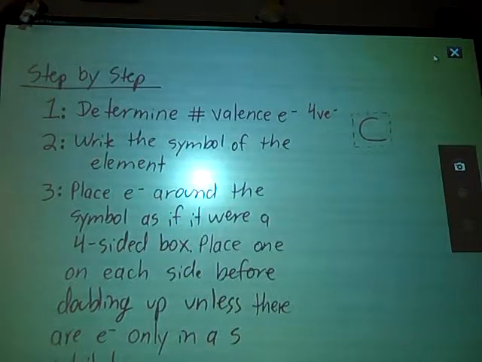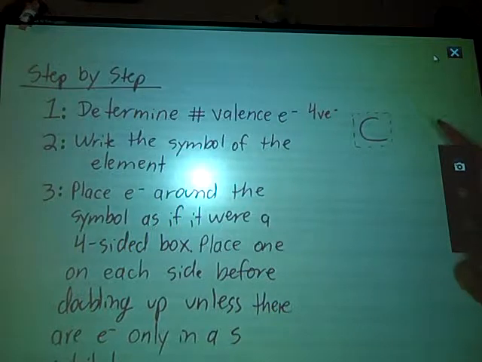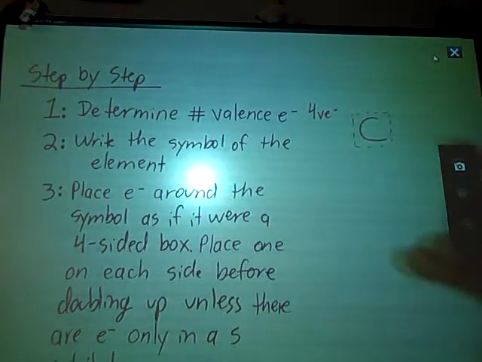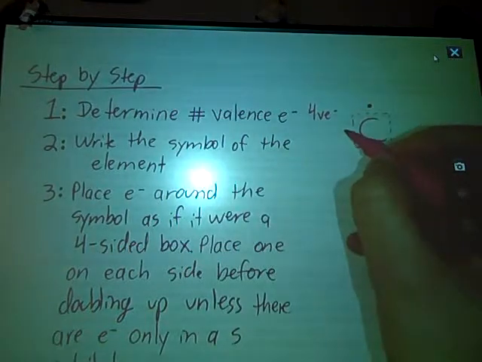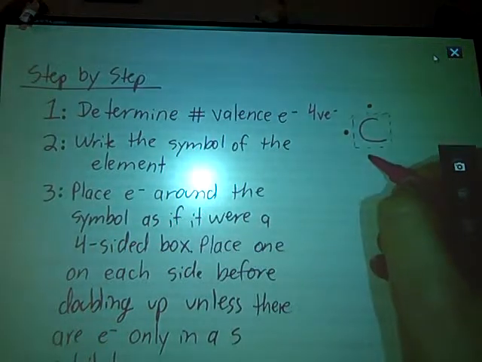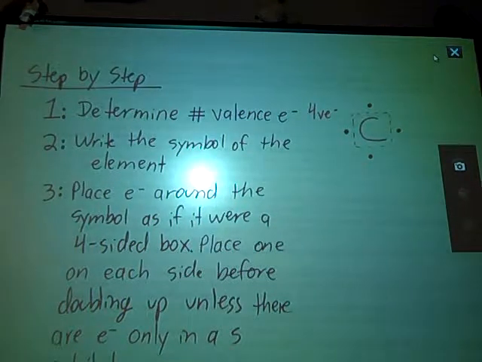So 4 electrons that we need to place. It does not matter where you start, whether I start up here on the side, on the bottom, it doesn't matter so long as you are consistent. I like to start on the top, so I'm going to put 1 electron there. Here's 2, here's 3, here's 4. That's all my electrons placed, so I have 1 on each side, 4 unpaired electrons for carbon.